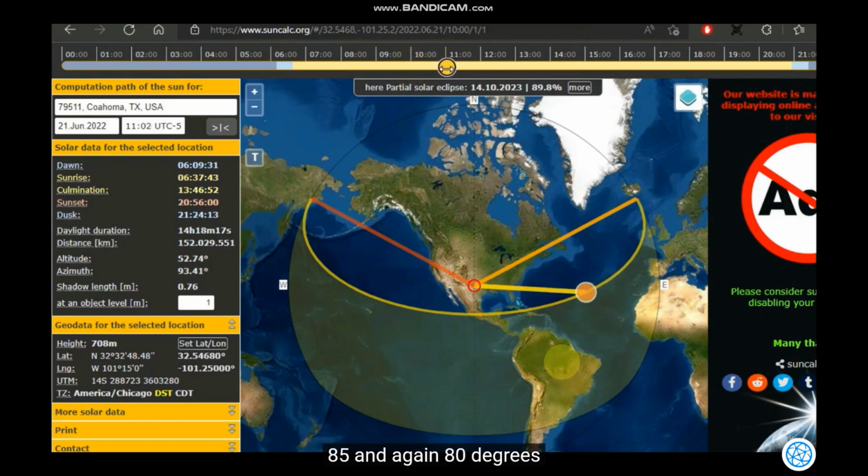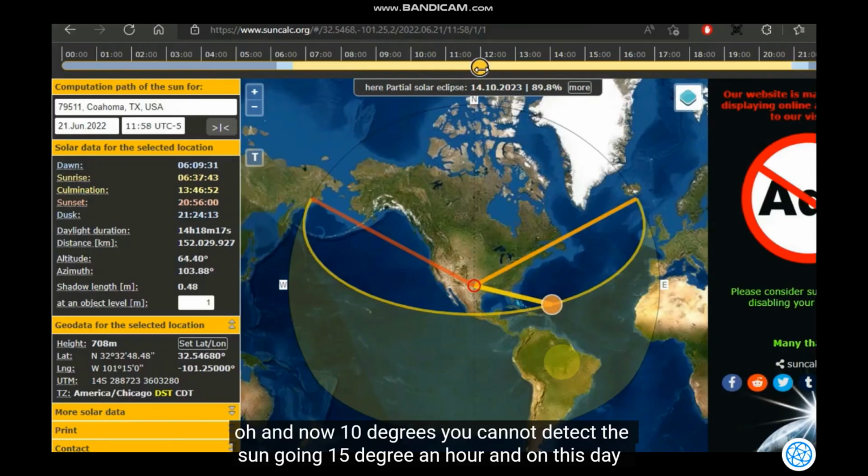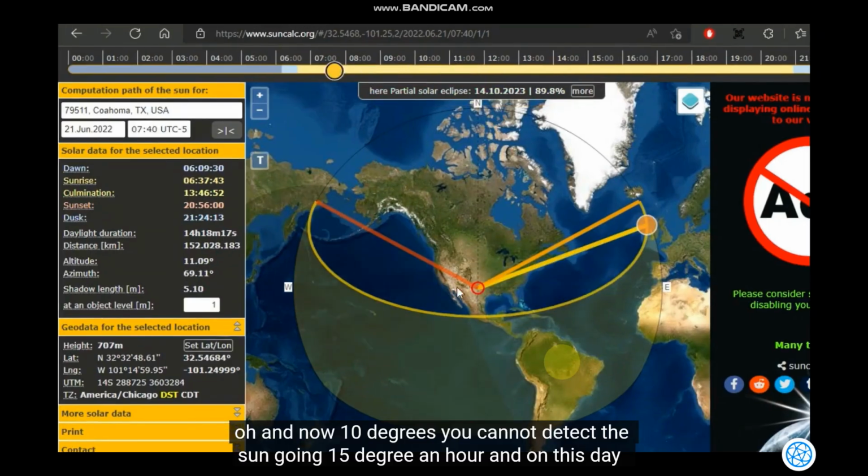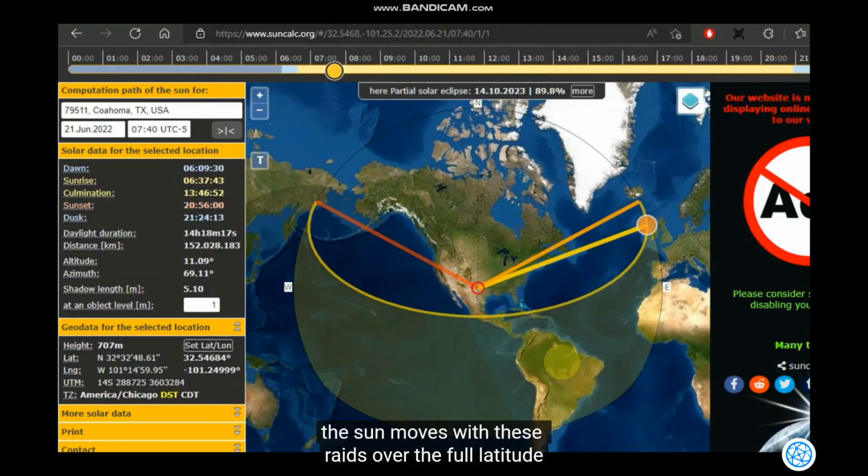85. And again 8 degrees. And now 10 degrees. You cannot detect the sun going 15 degrees an hour. And on this day, the sun moves with these rates over a full latitude.